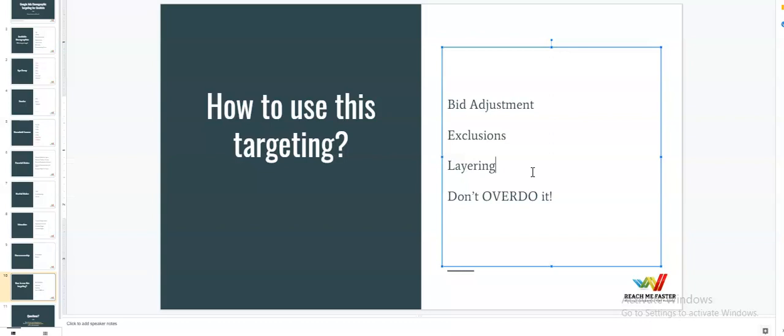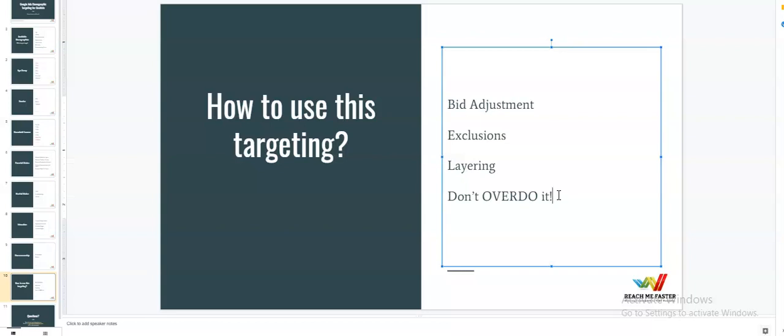And then of course, related to that, don't overdo it, and that is my advice. This is some powerful targeting available. Some of these options are still not 100% accurate, so that is why it is recommended that you look into your statistics, look into the data that is available, 3 years, 5 years, however many years you've been running a campaign.